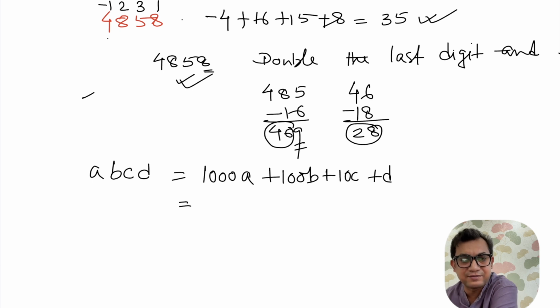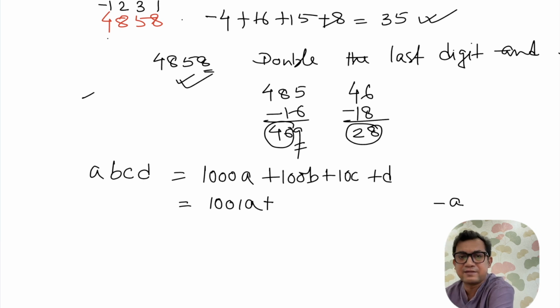Now I'll search for a number which is close to 1000 and divisible by 7. 1001 is such a number. So instead of 1000A, I wrote 1001A. So I'll subtract A to balance it.